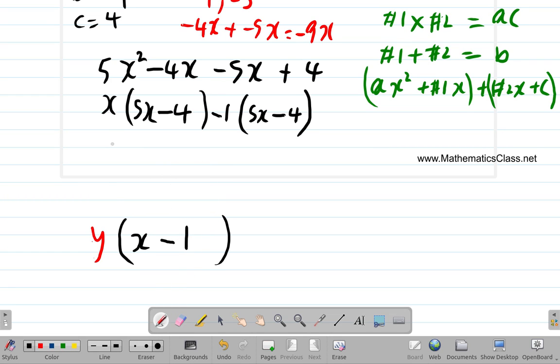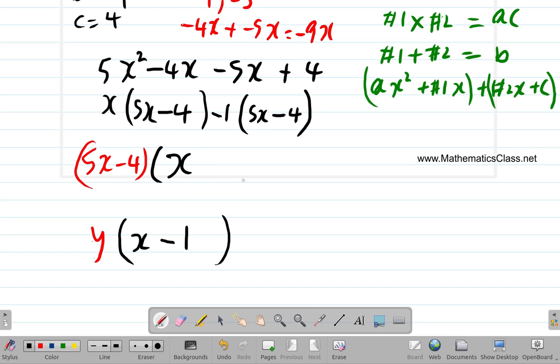So here now, the 5x minus 4, let's put it outside the bracket. 5x minus 4 outside which bracket? This bracket. Just like how you put this y out here, you're going to put the 5x minus 4 as a common factor outside the bracket. Then 5x minus 4 multiplied by whatever you're going to put here gives you x times 5x minus 4.